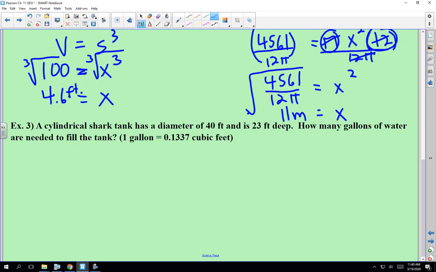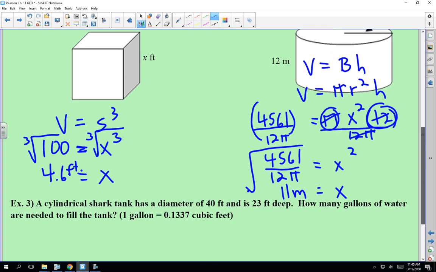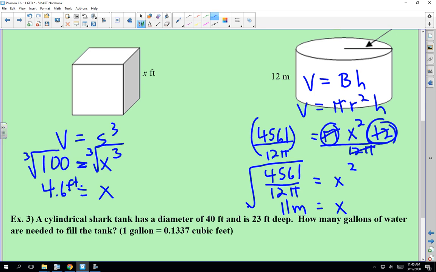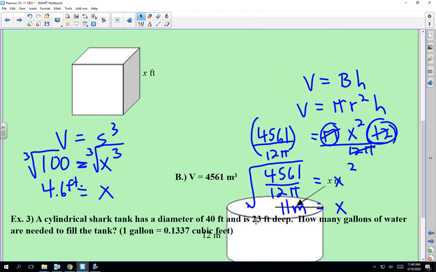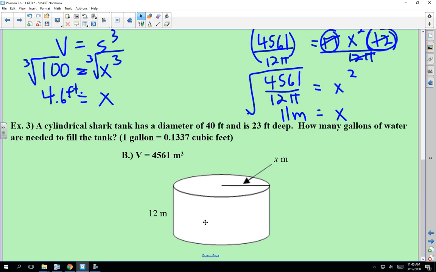Okay, so cylindrical shark tank. It could be just like the picture over here. You could actually reuse this picture, just change the dimensions. So cylindrical shark tank, here it is. It has a diameter of 40 feet.